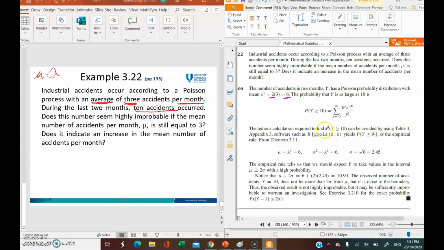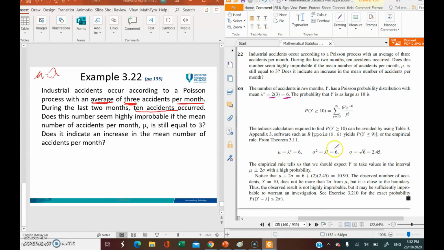Basically you can also do it using the statistical table for Poisson distribution, or maybe you can use R. But from theorem 3.11, which you learned before, your mu is 6, so your variance is 6.